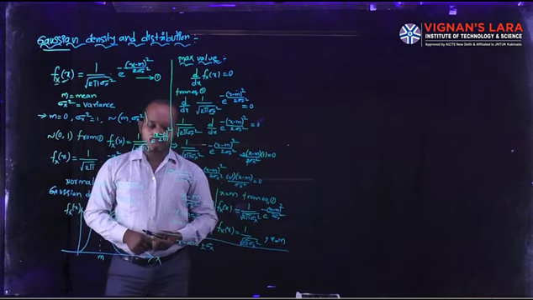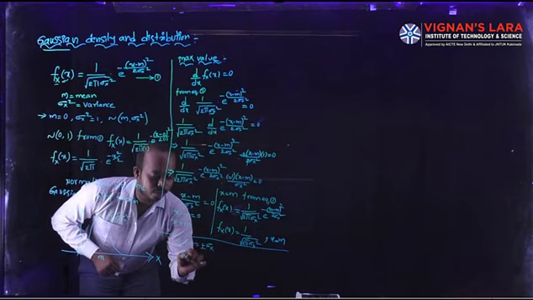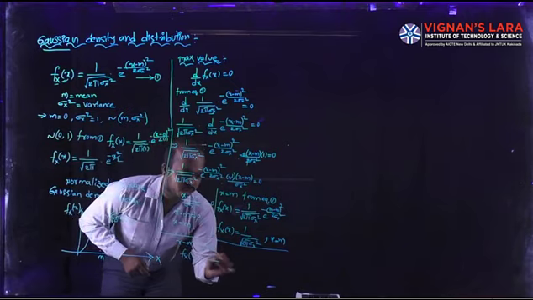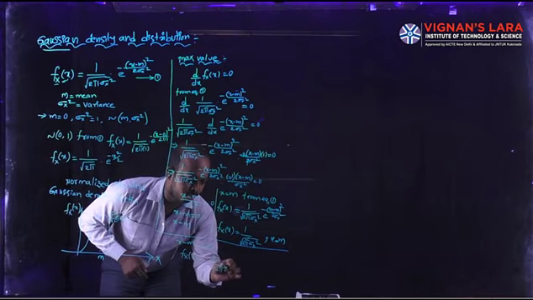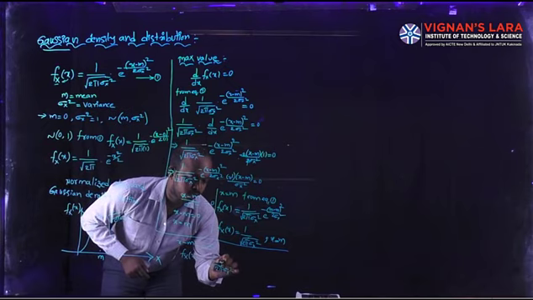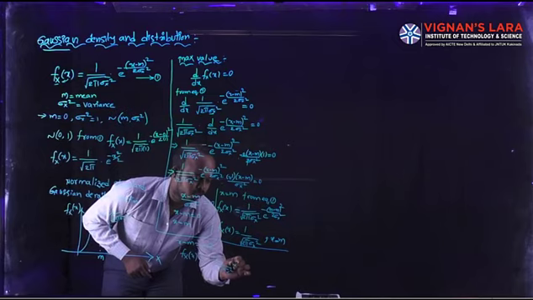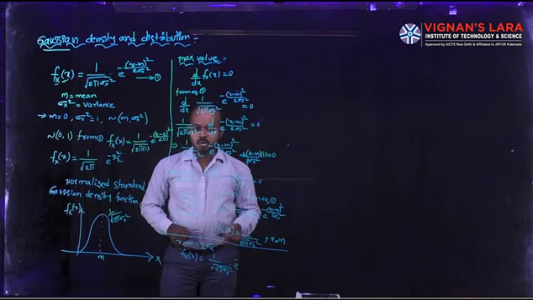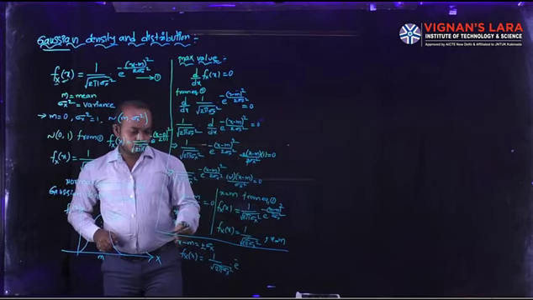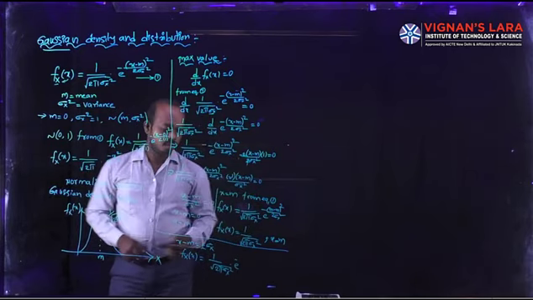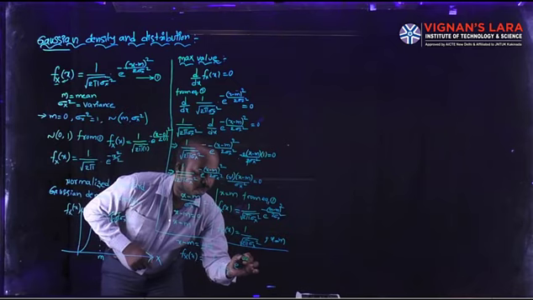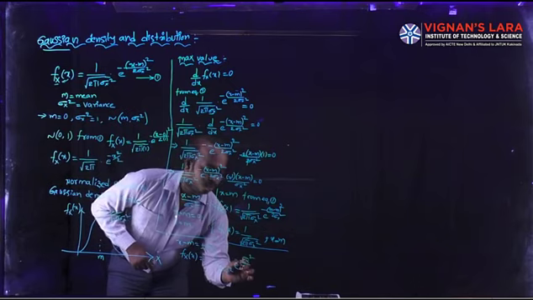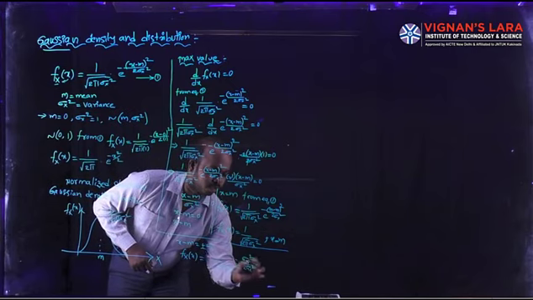What quantity do we have? Fx of x is equal to 1 divided by square root of 2 pi sigma x square into e power minus, where the x minus m term is, we replace that quantity with plus or minus sigma x: e power minus sigma x square divided by 2 sigma x square.